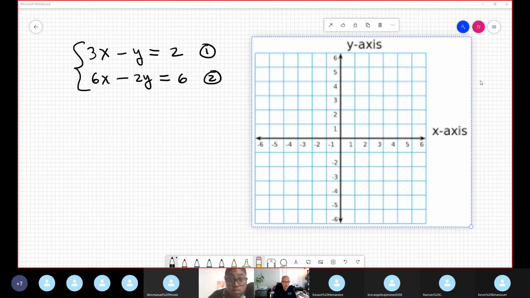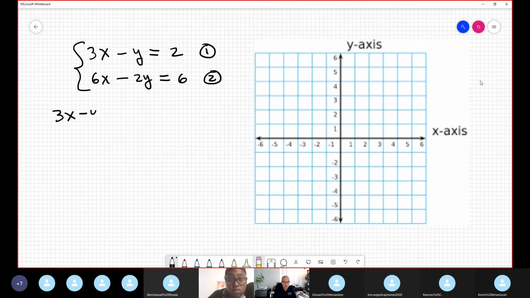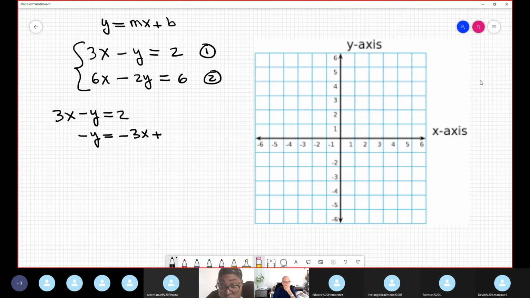The first equation says 3x minus y equals 2. You solve for y, because for me it's comfortable to express it in slope-intercept form. Minus y equals minus 3x plus 2. Multiplying by -1, y alone is equal to 3x minus 2.